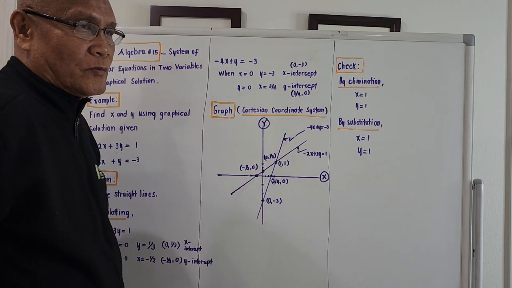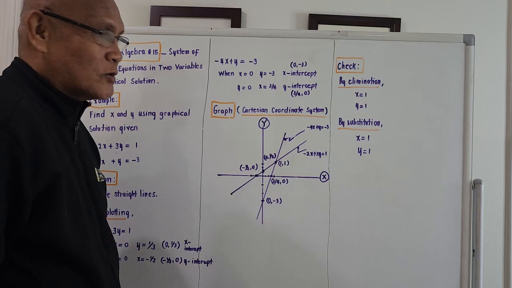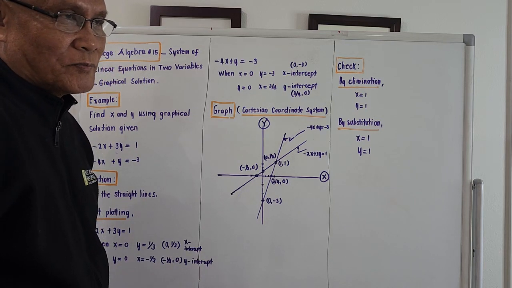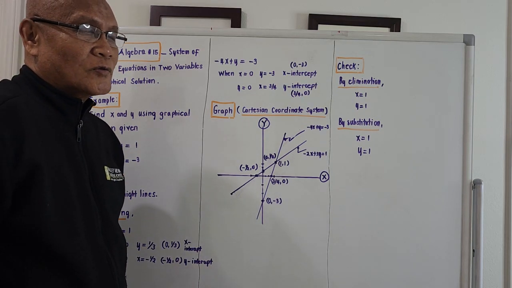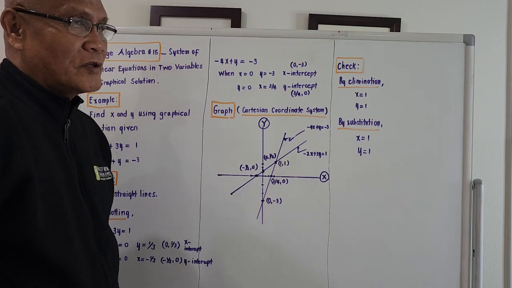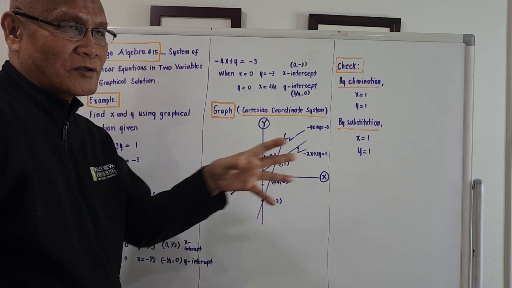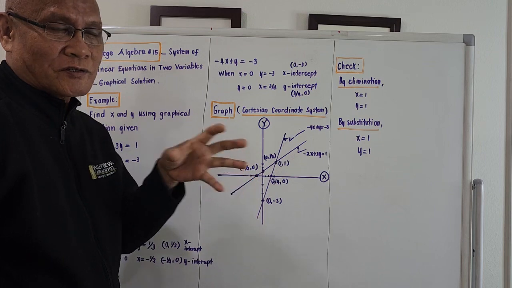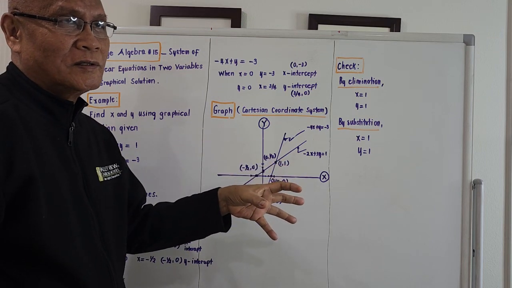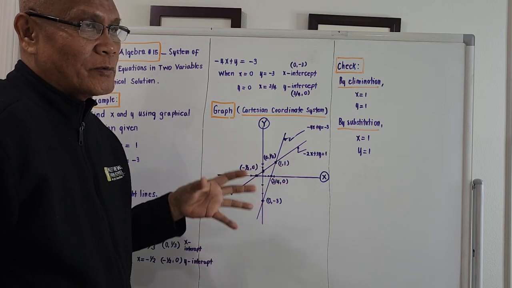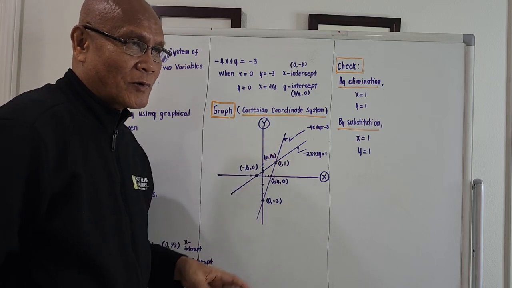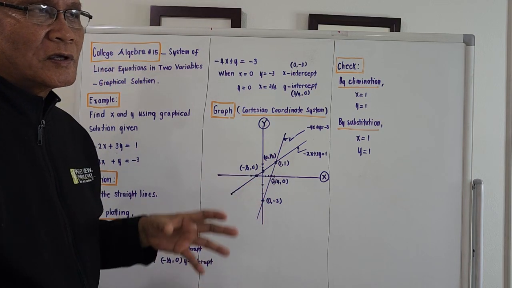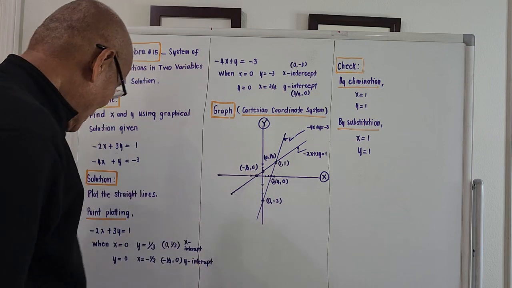We do not encourage the graphical solution, because if the solution to the problem is not exact, it's hard to visualize on the Cartesian coordinate system. But if it is exact, we could visualize it. So for today, I will be presenting a graphical solution for a system of linear equations involving two variables.